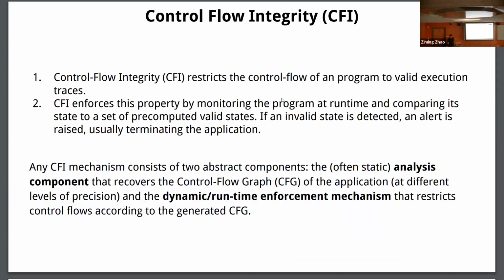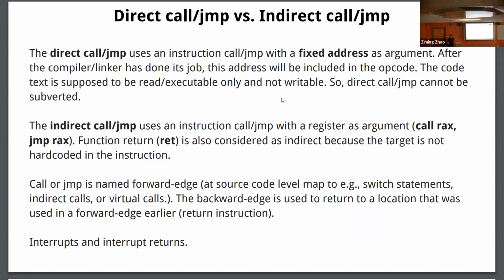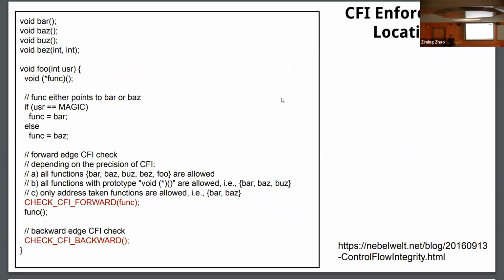So let's say, we already talked about this. This is one example. We have a function here. The first local variable of this function is a function pointer.